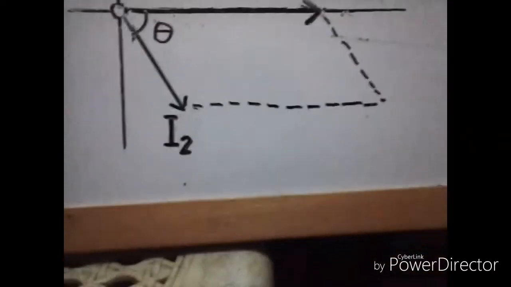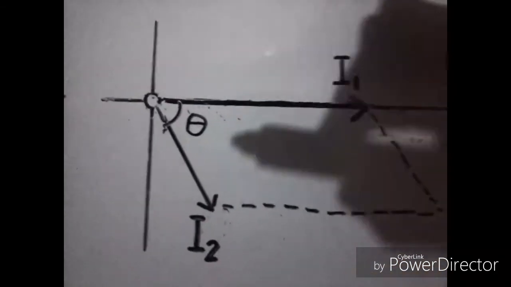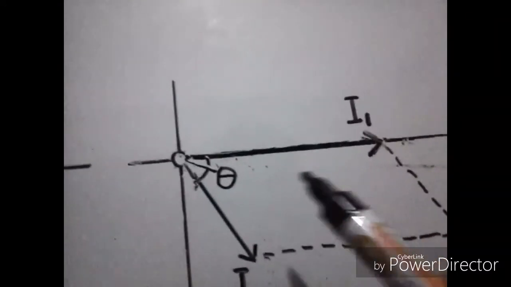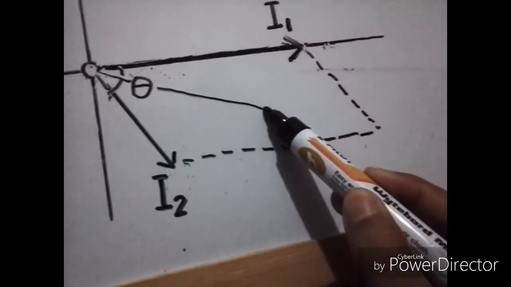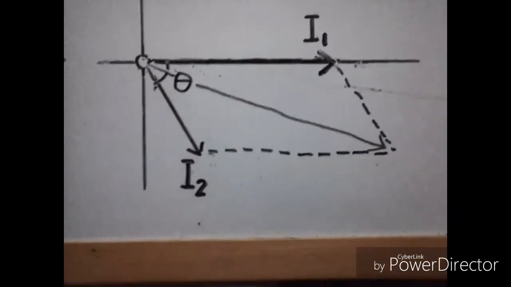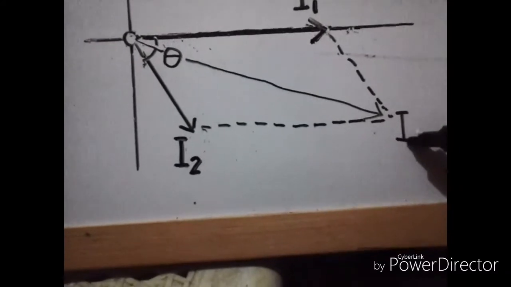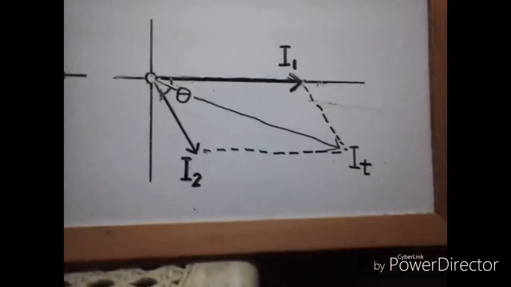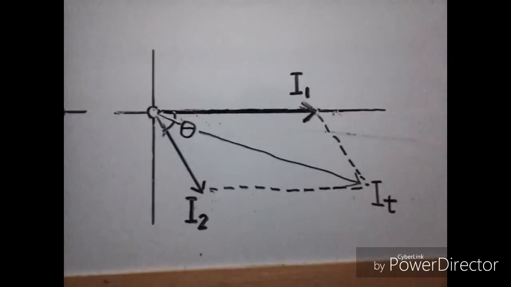Okay, the parallelogram is already completed. Now it's time to draw a straight line here. What we have done is the IT. Now we found the resultant graphically.